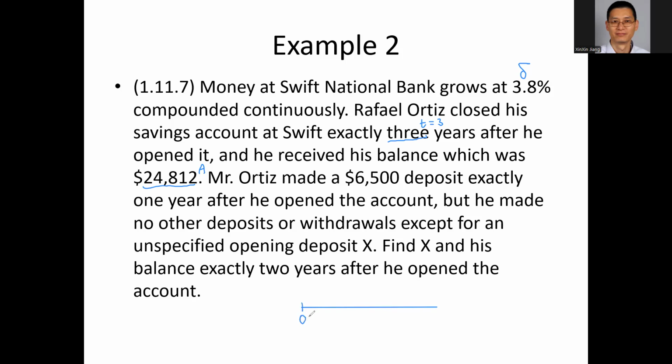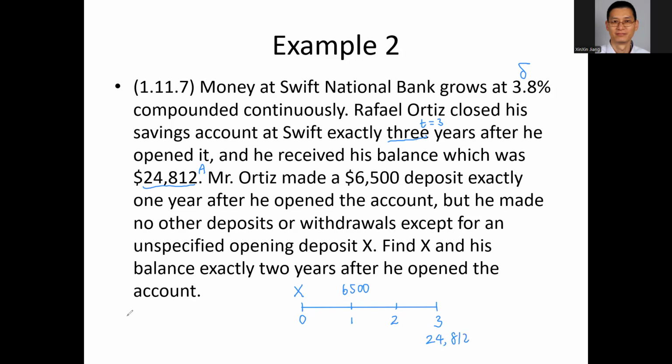Okay, we have 3 years. So one, two. Mr. Ortiz deposits X dollars at the beginning and then $6,500 exactly 1 year after he opened the account. And the final balance is $24,812.